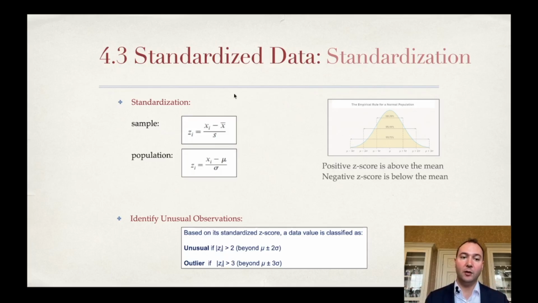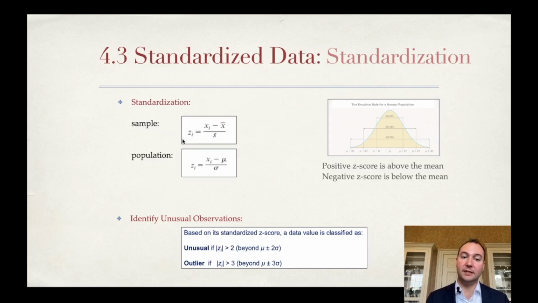To do that, we can use this standardization formula. We take our xi value, which is each individual value, minus the x bar, which is the average of our sample, divided by s. S is the standard deviation of our sample. And this gives us a z-score for each individual value in our data.